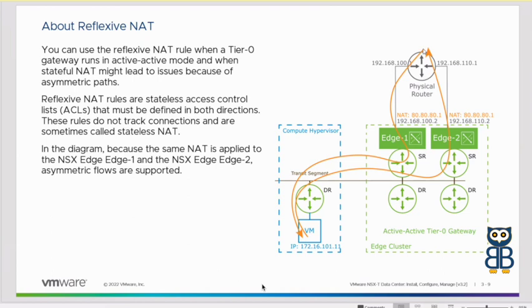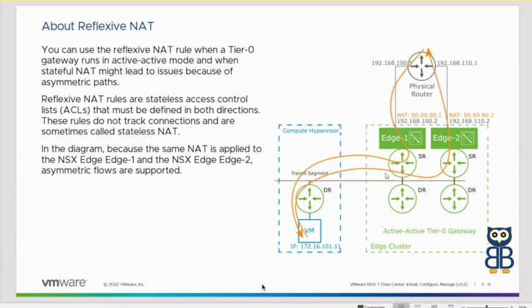So when the traffic was coming in, it came through this Edge 1 T0 SR. This one NATed it, and the traffic came to this virtual machine. But when the VM is responding back, the T0DR will do ECMP logic.